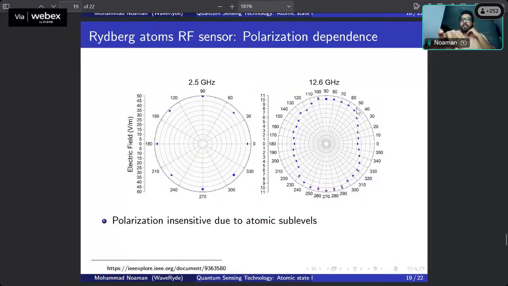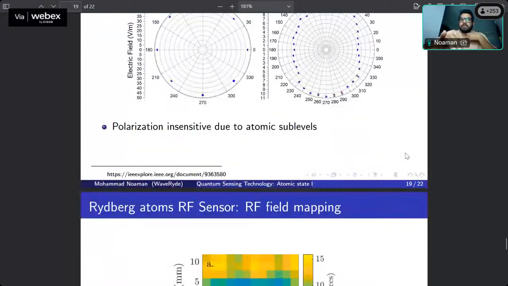Here, the polarization can be detected at all different possible angles with little to no distortion, and it all depends on different atomic sublevels and transitions. So you can use laser properties to address different sorts of polarization. It's just a demonstration for two different frequencies.